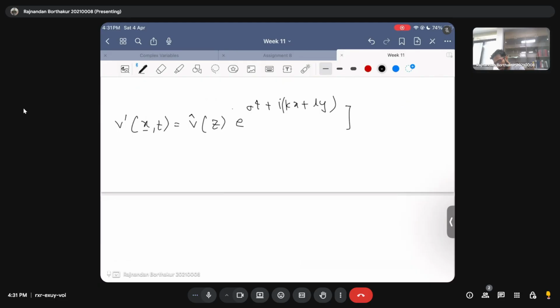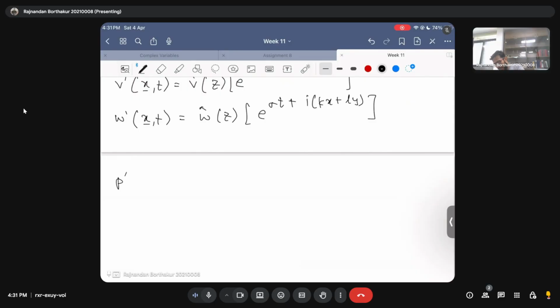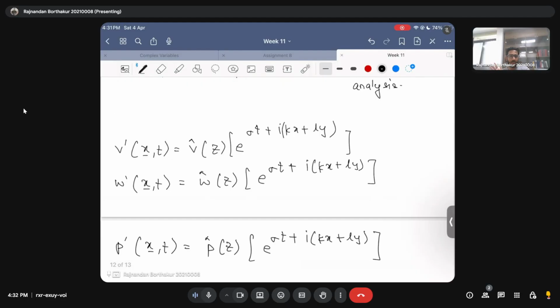Then I have w prime of x comma t equal to w hat of z times e power sigma t plus ikx plus ly. Also we need to write for the pressure, that is p prime of x comma t, going to be some p hat of z times e power sigma t plus i times kx plus ly. So that's writing all the velocities and the pressure in terms of their normal modes.